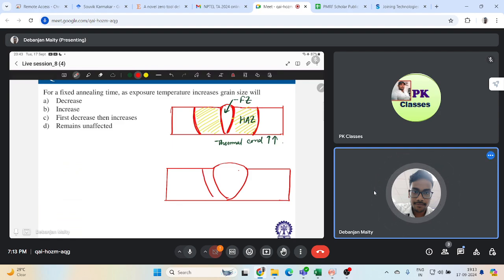And the heat affected zone will be less over there because of less heat dissipation. Got my point? This is the fusion zone. This is the heat affected zone.